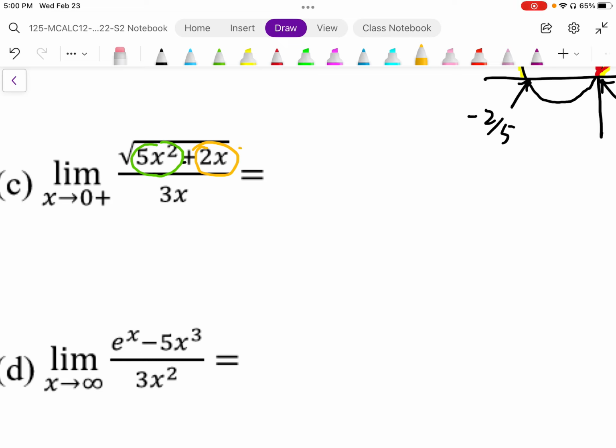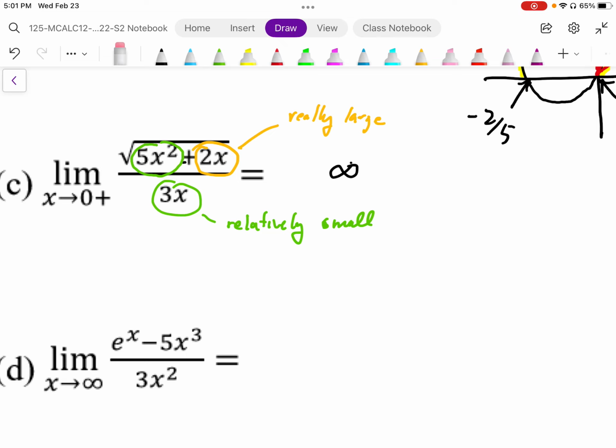So this becomes really large compared to that 5x squared and also this x, which is relatively small. Therefore, the limit ends up being infinity. That's one way to look at it, and the answer is in fact positive infinity. If you take a look at the graph, it will shoot up to positive infinity.